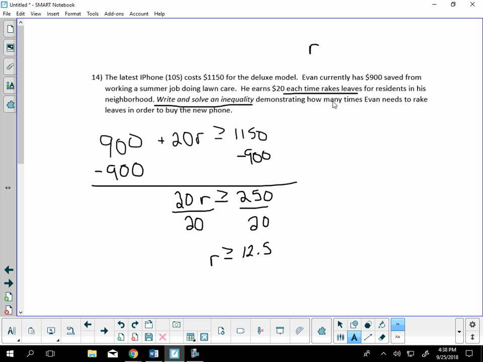So if I were going to answer this, I would answer it as Evan needs to rake at least 13 lawns. Because if he only rakes 12, he's going to be a little bit shy. If he rakes 13, he'll make the money that he needs to buy that phone.